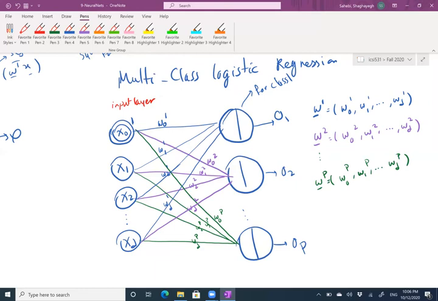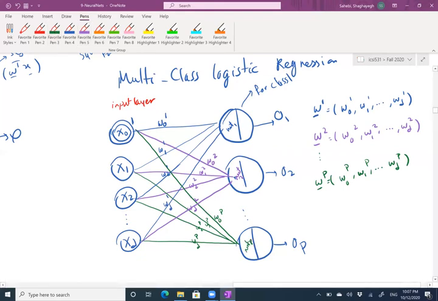Now, this is just calculating the nets, right? So what we are doing here is calculating net 1, and this is going to give me net 2, and this is going to give me net P, right?